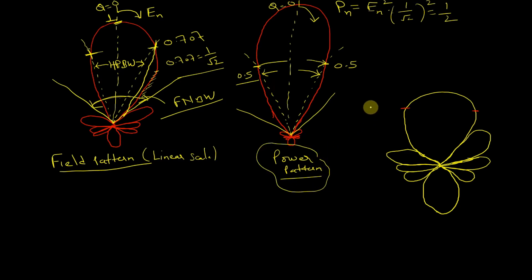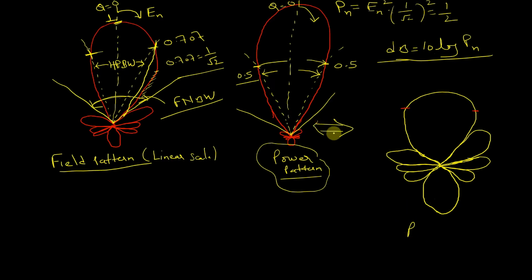We can convert this power into dB scale, or you can say logarithmic scale, by taking the log, 10 log Pn. Okay, by using this relation we can convert it into logarithmic scale. So this is the power pattern, this is the same.